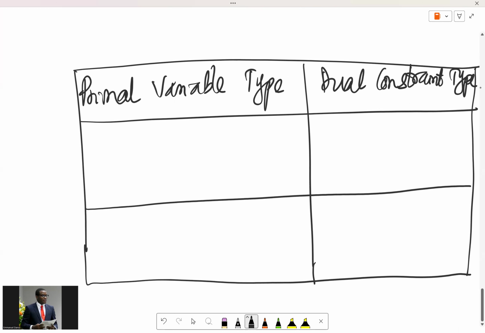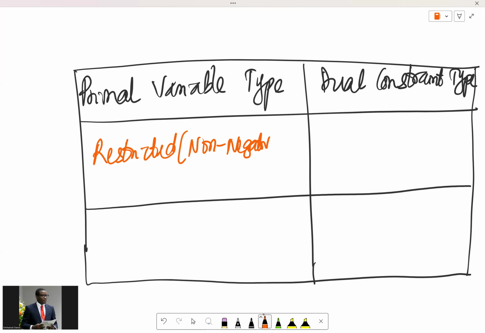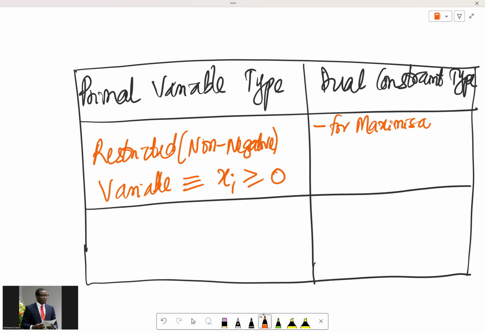Imagine that we have a restricted, that is non-negative, variable. That is simply talking about xi greater than or equal to 0. We have two cases corresponding to that. For maximization, you would automatically get a greater than or equal to constraint.